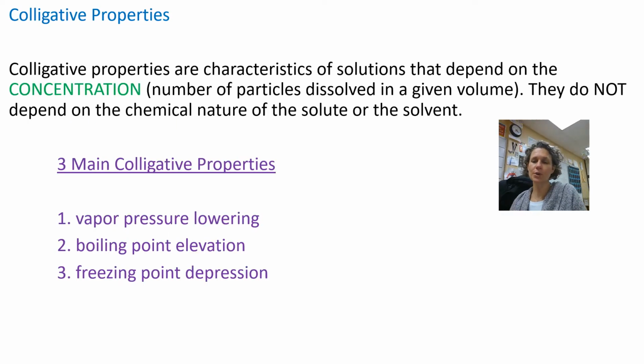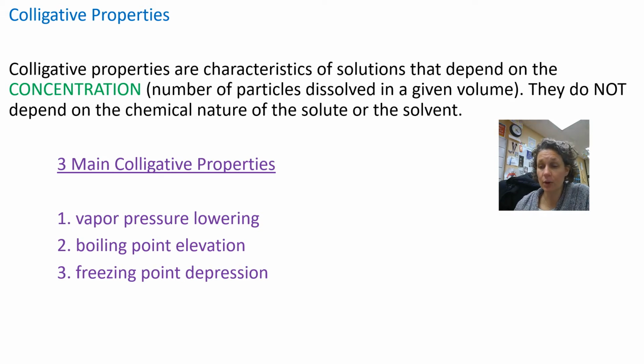Okay, so now the really big part of this chapter is colligative properties. Colligative properties depend on the concentration of the solution. You have to know the concentration, or be able to figure out the concentration, to determine what these colligative properties do, increase, decrease, that kind of thing.